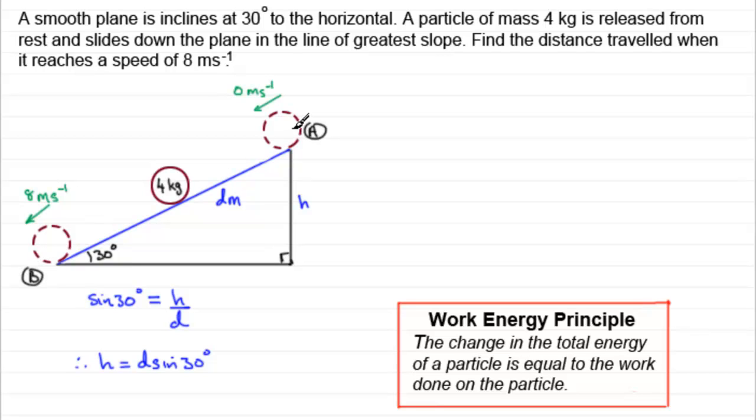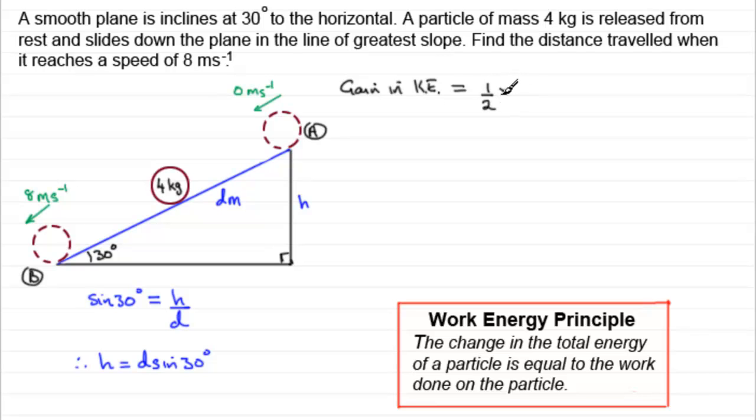Well, first of all, there's going to be a change in kinetic energy. It gains kinetic energy going from A to B. So we'll look at that first. The gain in kinetic energy, KE. Well, what's it going to be? At B, it's going to have kinetic energy of a half mv squared.